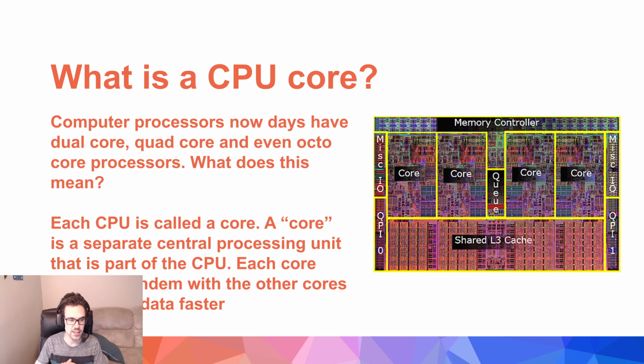And so basically a core is a central processing unit, or a separate central processing unit, that works in tandem with the other cores to process data. So basically they kind of trick the computer, so to speak. They have multiple processors working side by side on the same die.